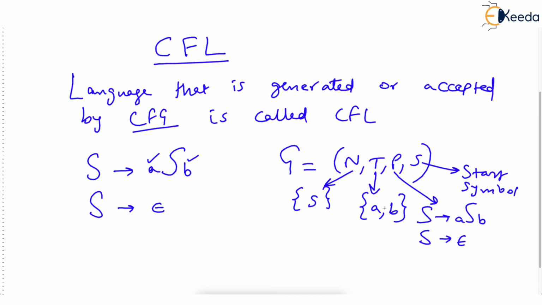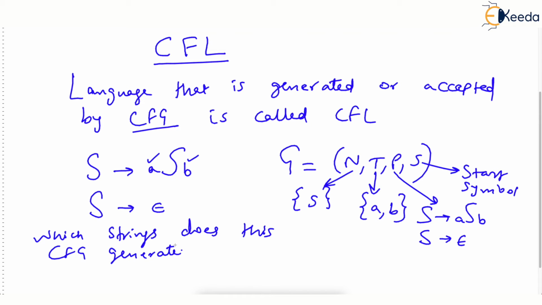Now given this grammar, which strings does this CFG generate or accept? This CFG generates all the strings made up of A and B such that the number of A's is always equal to the number of B's, and A's must be in the head and B's must be in the tail.